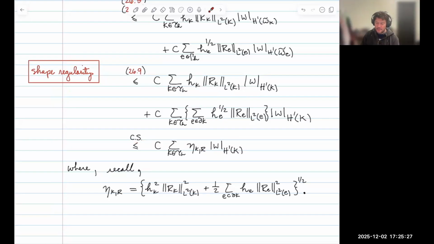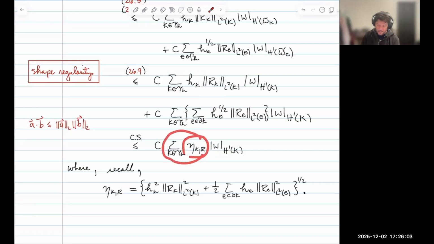The Cauchy-Schwarz inequality I'm going to use here is the finite dimensional Cauchy-Schwarz, the one that says A dot B is less than or equal to the 2 norm of A times the 2 norm of B. That's the Cauchy-Schwarz for just plain old vectors. If I do that, the thing that pops out is precisely what I wanted.